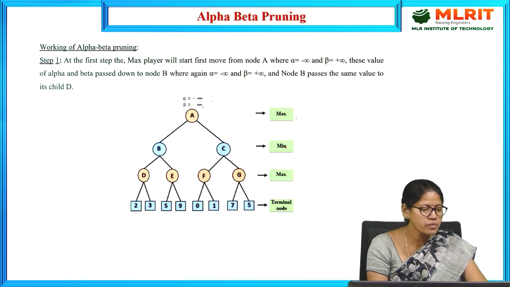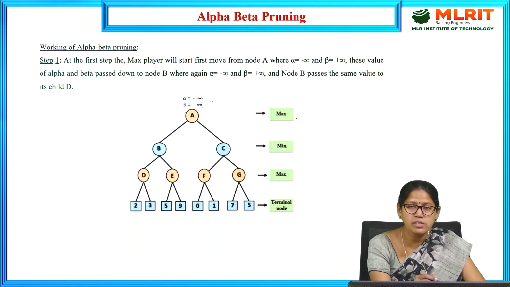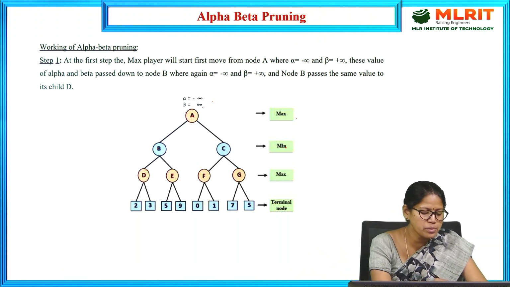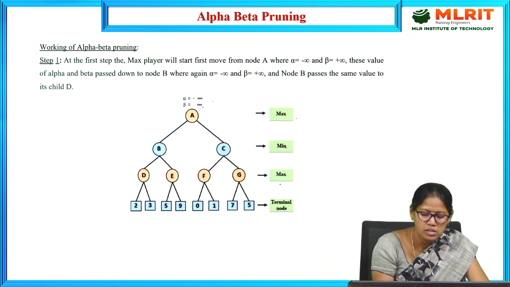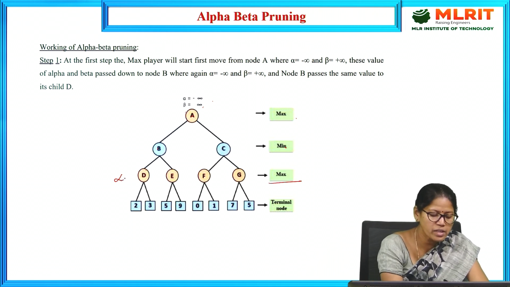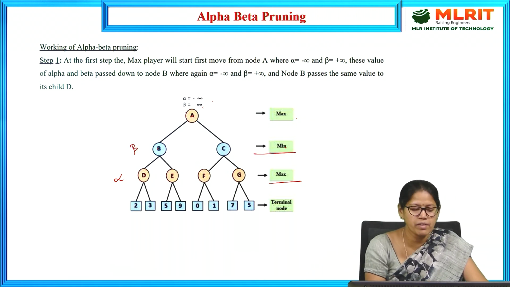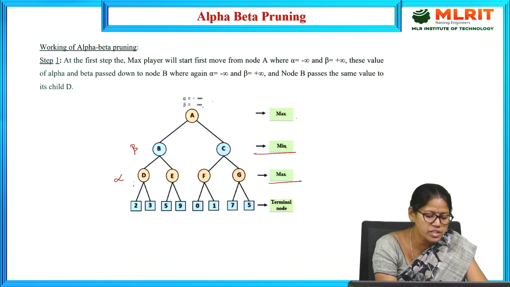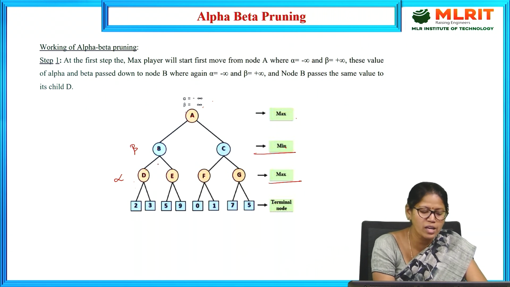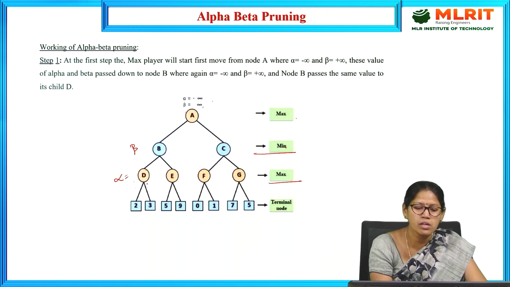It starts depth first, A to B, B to D, and D to the leaf nodes. At the max level it finds the alpha value, and at the min level it finds the beta value. After deciding the value, it is assigned to D.